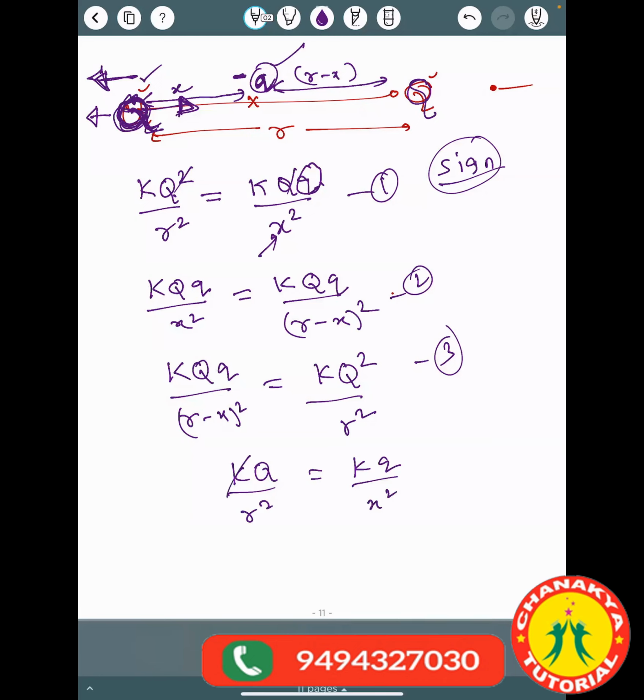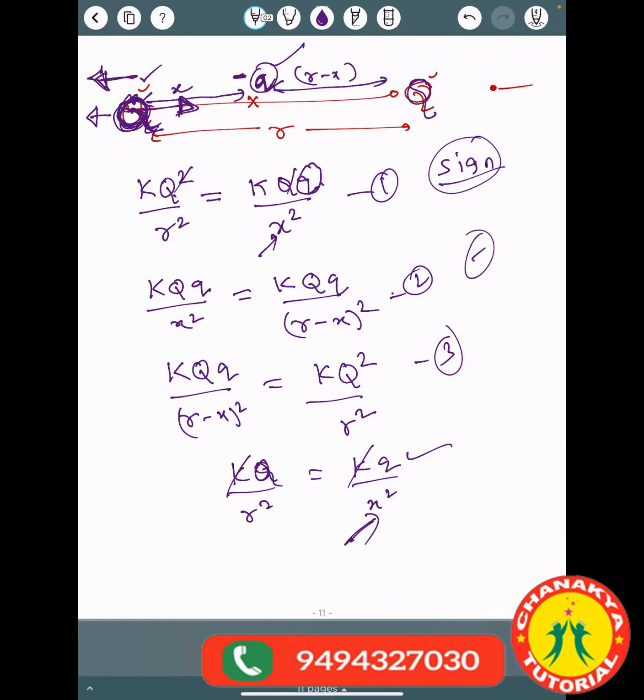Once I get the value of x, you put it here, you get small q in terms of capital Q. Sign we already know it is negative.